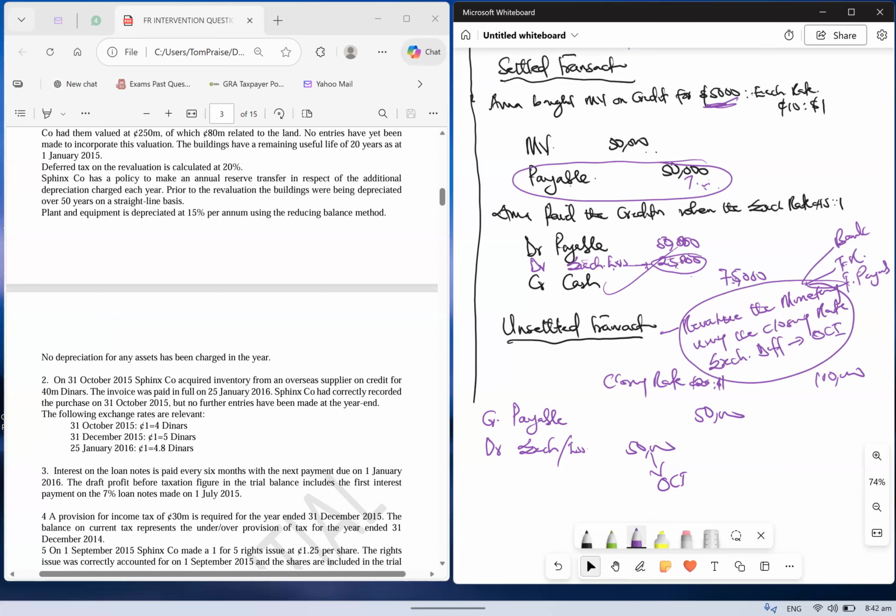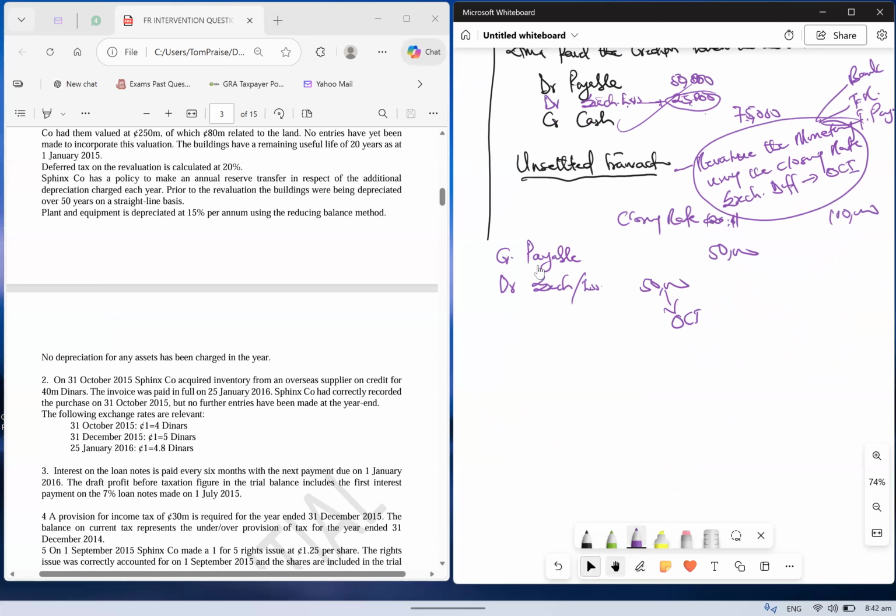Now, coming to our question here, you need to apply the knowledge. It says, Sphinx on October 2015 acquired inventory from an overseas supplier on credit for 40 dinar. Now we are preparing our accounts in cedis, so we need to convert this. So what do you think we need to do? We need to debit inventory.